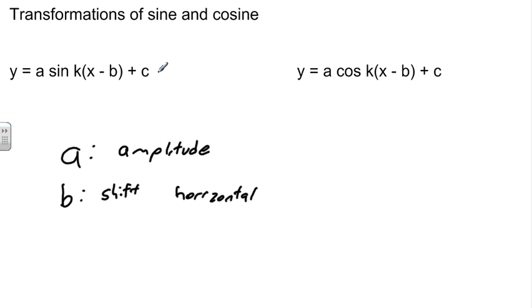And c, when you add something onto the back, that's going to be a vertical shift. Add something onto the back, it'll shift it up, so rather than oscillating back and forth over the x-axis, it will be over wherever it shifts to. That will be your new center line.